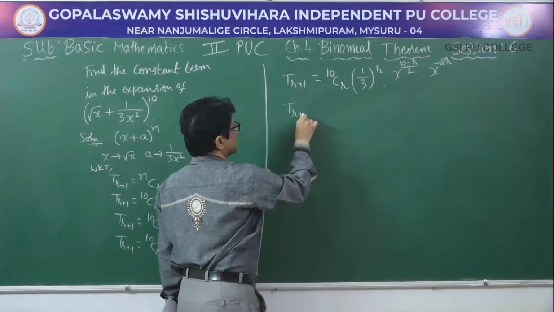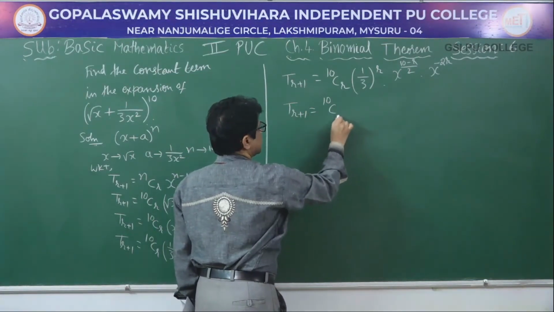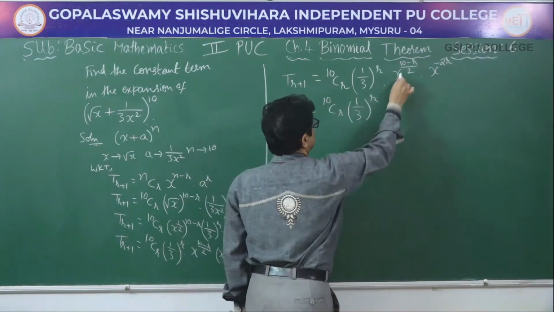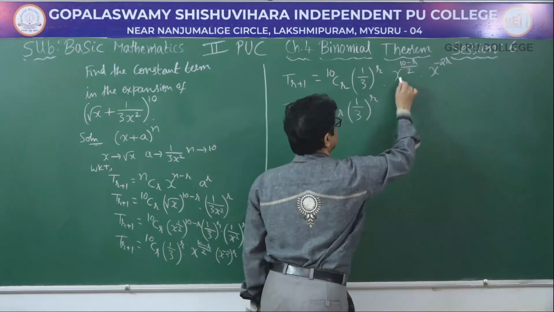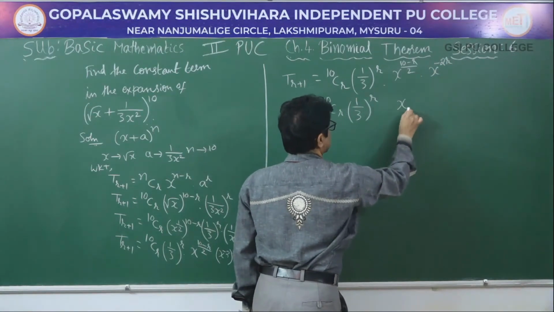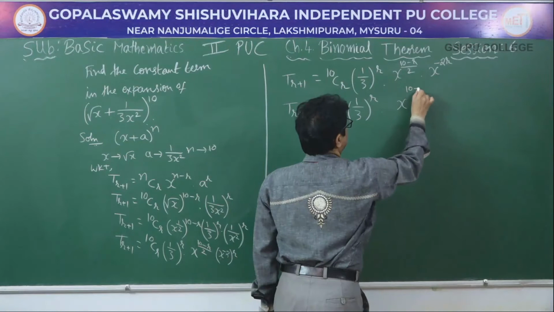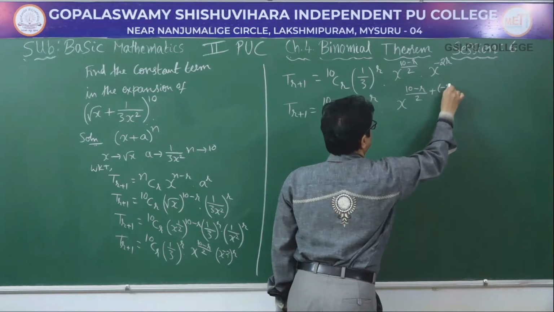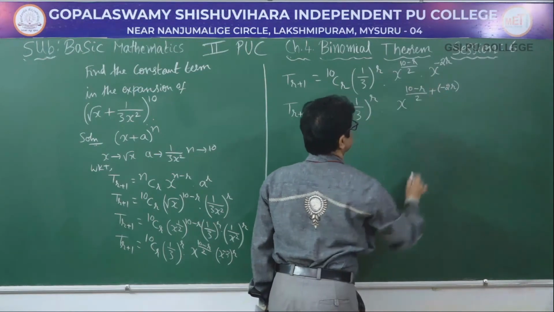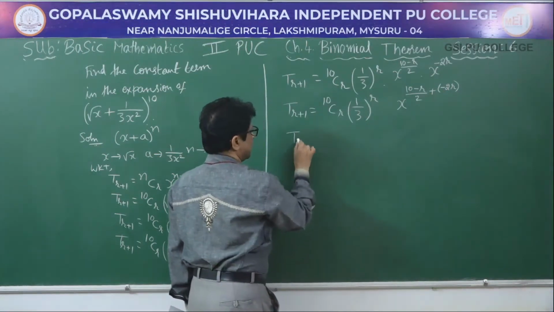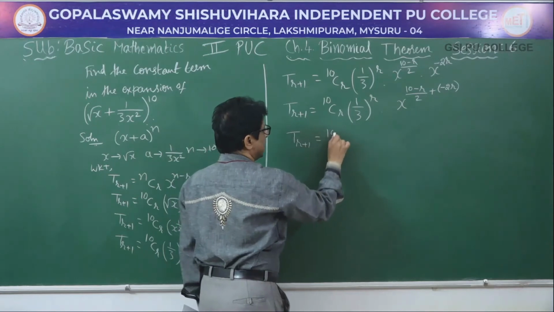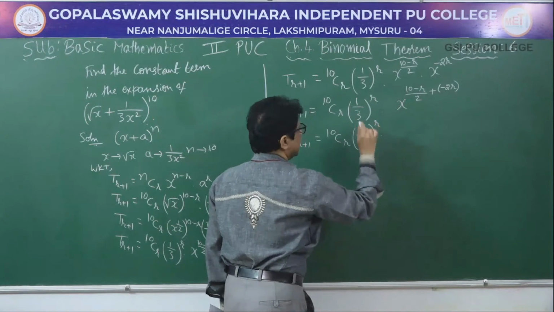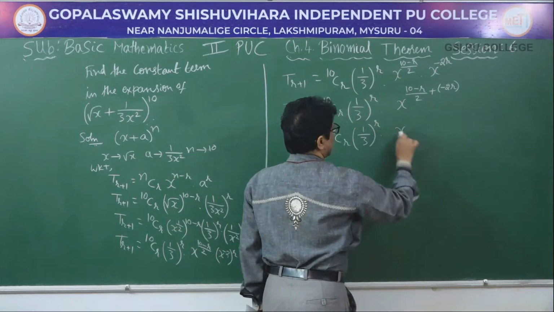So, T(r+1) is equal to 10Cr into 1 by 3 whole power r into, since a power m into a power n is a power m plus n, x power 10 minus r by 2 plus minus 2r. So, T(r+1) is equal to 10Cr into 1 by 3 whole power r into x power.